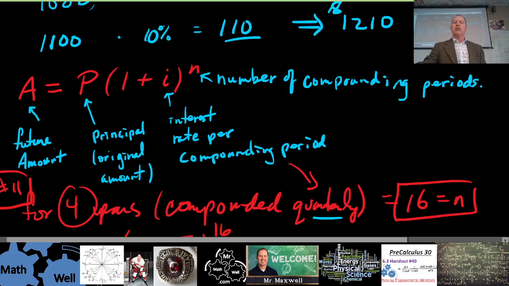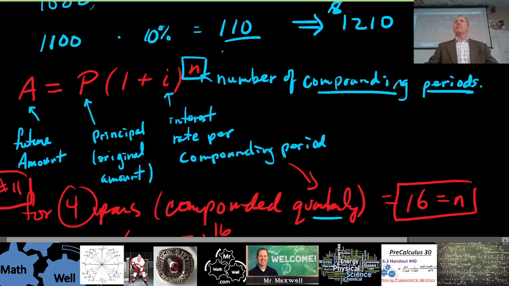P is the principal amount, or the original amount, okay? So let's say I'm putting in $1,000, I can calculate what my future value will be. This is the principal, $1,000 would go here. So i is the next variable, and that is the interest rate per compounding period. Now I have to talk about compounding periods because that's what this exponent of n is.